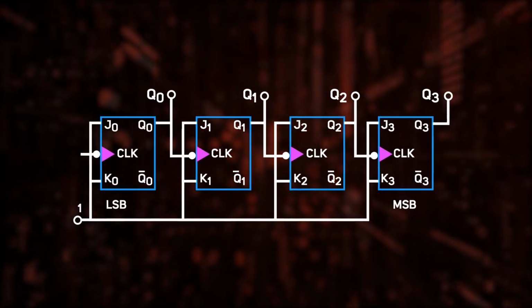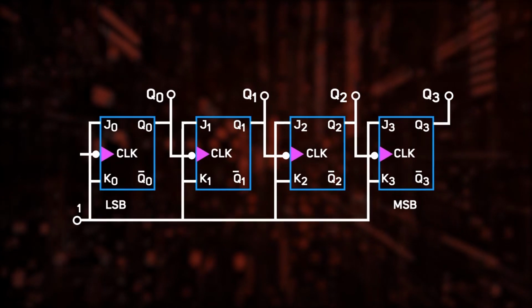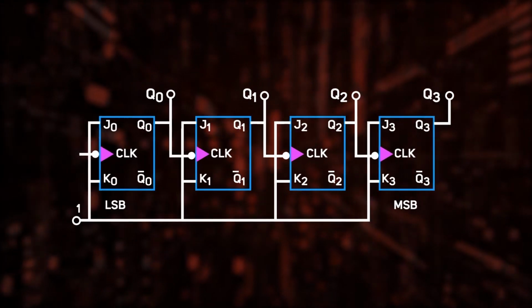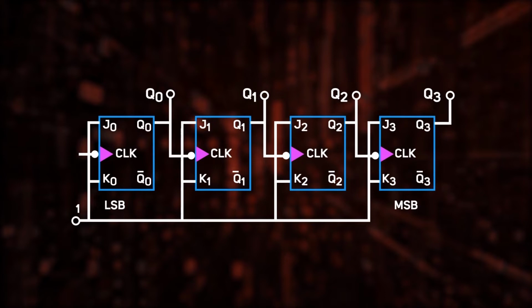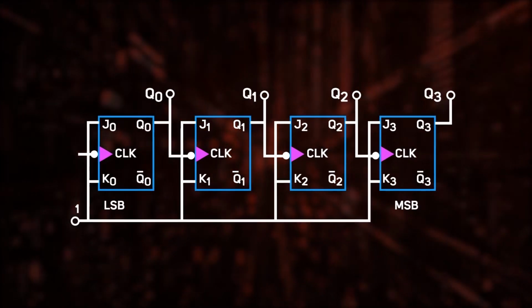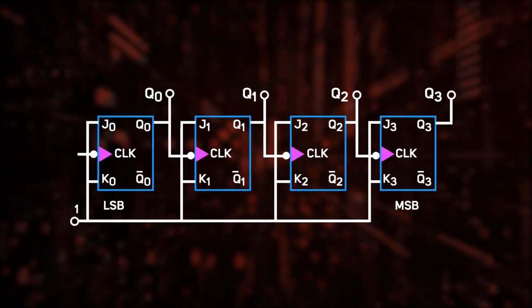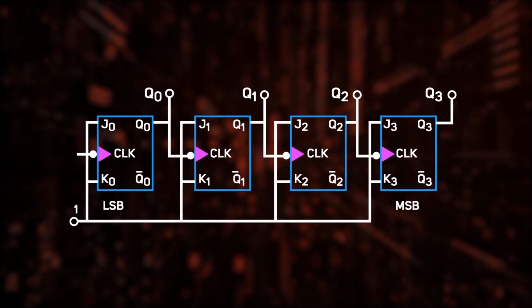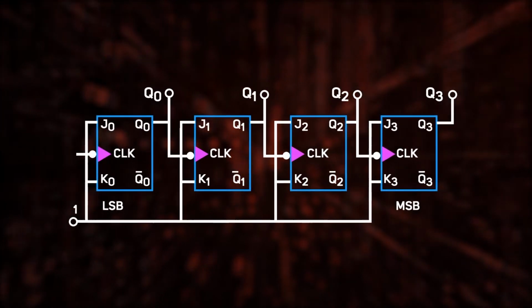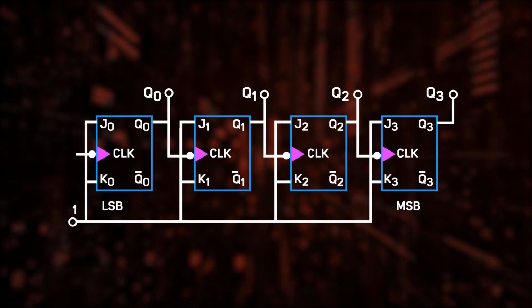Now, the state of the binary counter is 0, 0, 0, 0. Or in other words, when the ripple counter reaches its maximum limit, it resets itself on the next pulse and becomes 0 to start fresh with counting again.